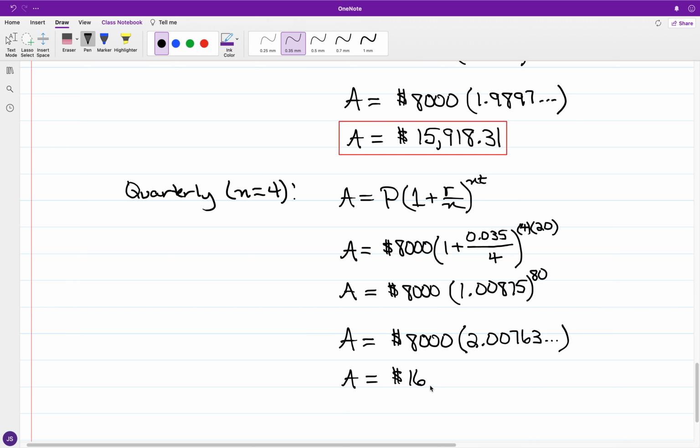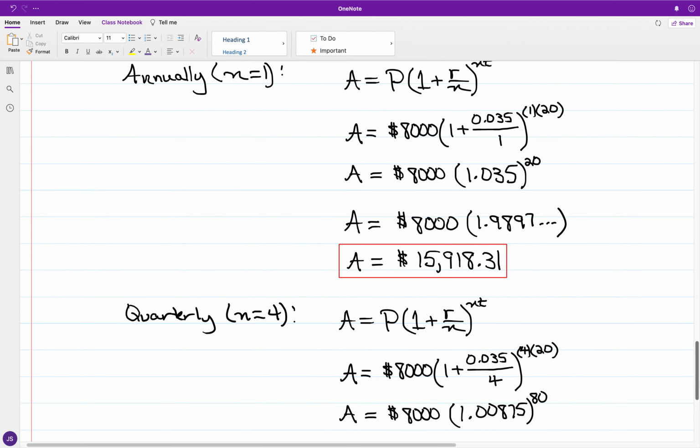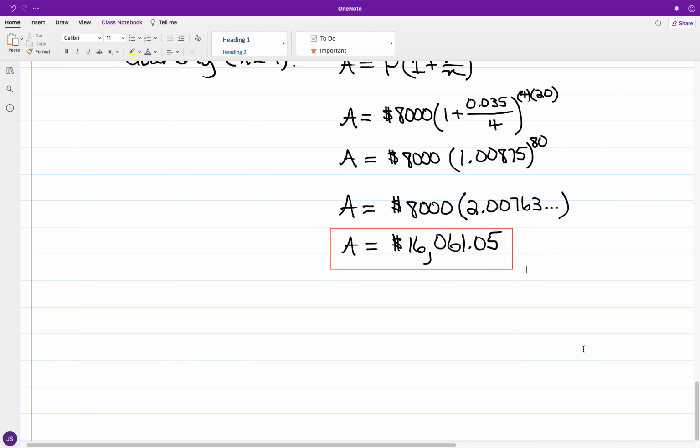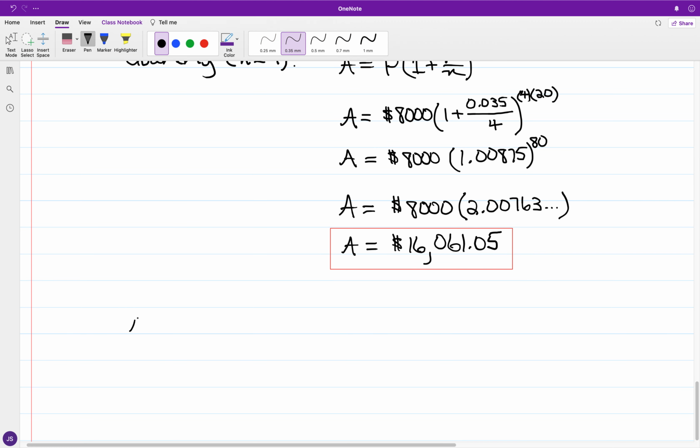So again, for the same time, same input value monetarily, but changing the frequency, the more frequently the compounding is done, the higher the future balance is going to be. So you have a higher result going from annual to quarterly compounding, and we can anticipate the same thing with monthly compounding.